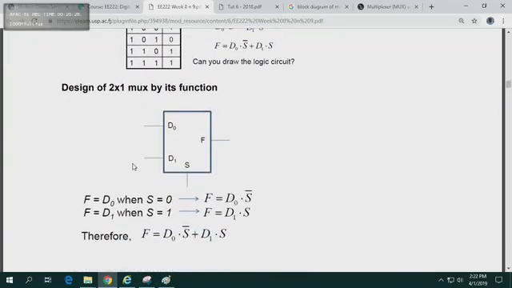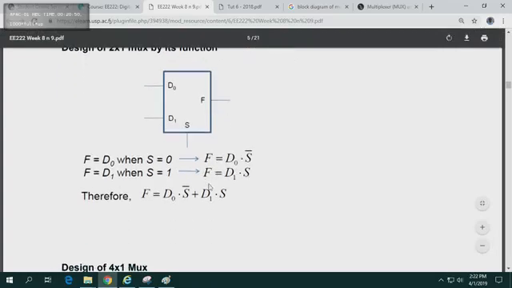And over here, the circuit is so simple, we can predict what it will be. We can pretty much read the block diagram, because there are only 3 inputs and 1 output. The output is equal to D0 when S is equal to 0, and equal to D1 when S is equal to 1. So you can pretty much find out what those equations are.